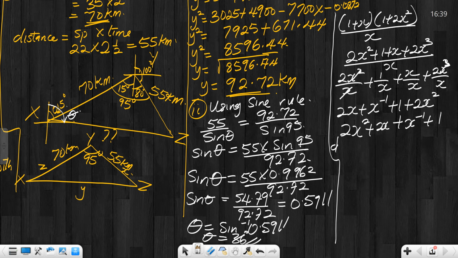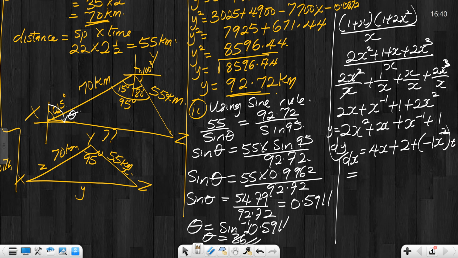Then if y is equal to this, my dy/dx is 2 times this, so that will be 4x plus 2, and this will give me minus 1, x raised to power minus 2, then plus 0.